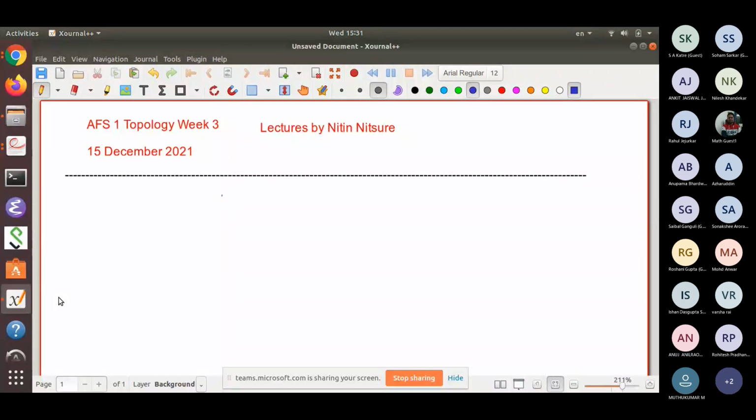We had started talking about two kinds of things. One was something called embedding, and the other was something like quotient map.